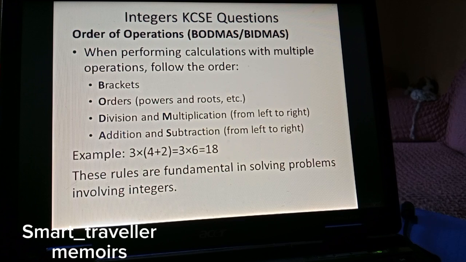For example, 3 times (4 plus 2) is equal to, work the brackets first, and you get 4 plus 2 is 6. So it simplifies to 3 times 6, and the answer is 18. These rules are fundamental in solving problems involving integers.